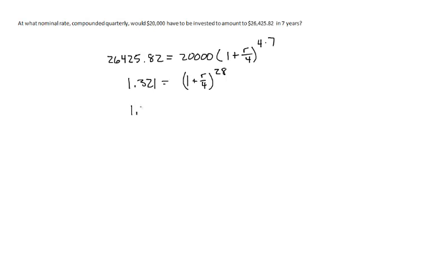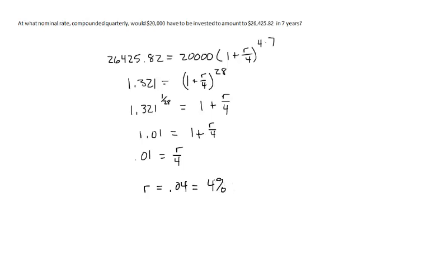So I have 1.321 to the 1 over 28 is equal to 1 plus R over 4, and we get 1.01 is equal to 1 plus R over 4. And now we subtract 1 from both sides, and we get 0.01 is equal to R over 4. And then multiply both sides by 4, and we get R is equal to 0.04 or 4%.